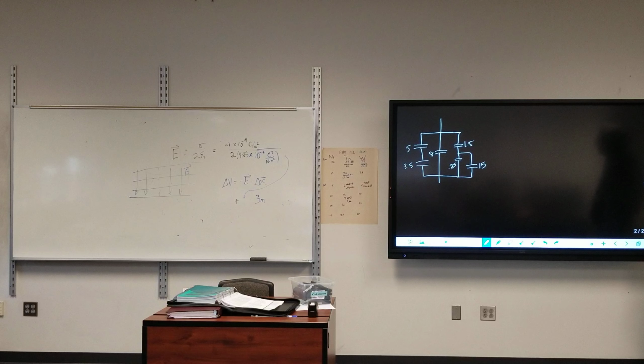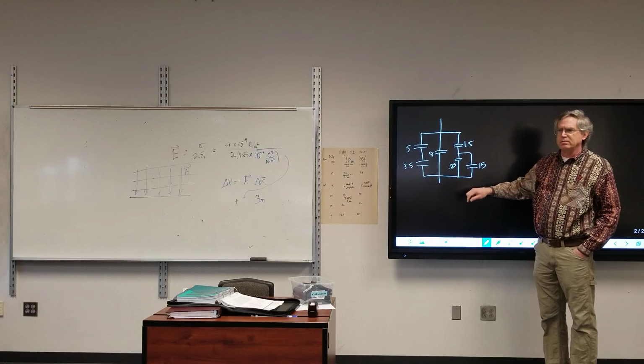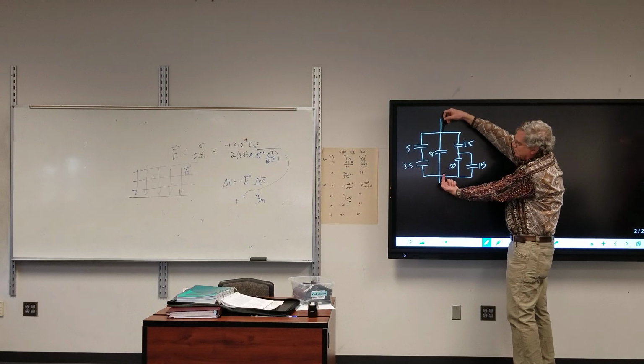Those are microfarads, so let's not forget to tack that on at the end. So they're asking for equivalent capacitance. These lines sticking out here indicate where the probes would go to figure out what the total capacitance is.